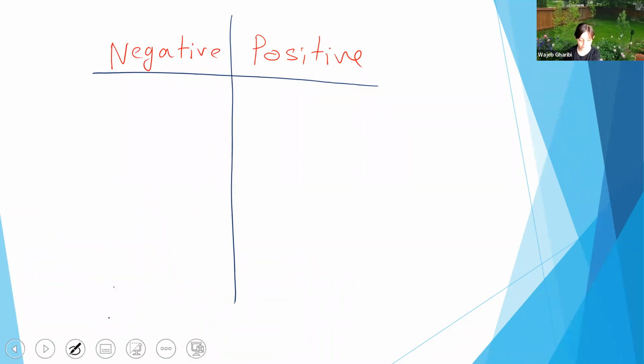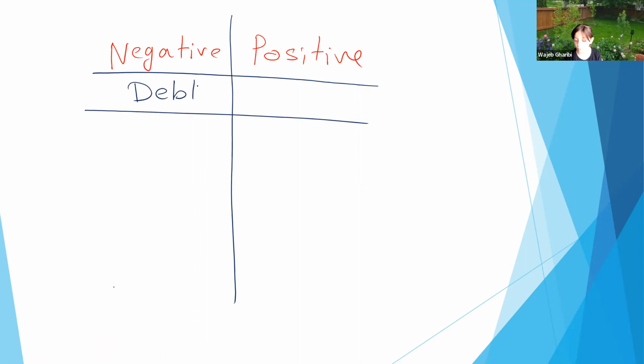Well, we already gave two, so let's do two more. Debt, you say debt. Negative. What is the opposite of debt? Saving. So as you see, saving is positive and debt is negative, so they are opposite to each other also.